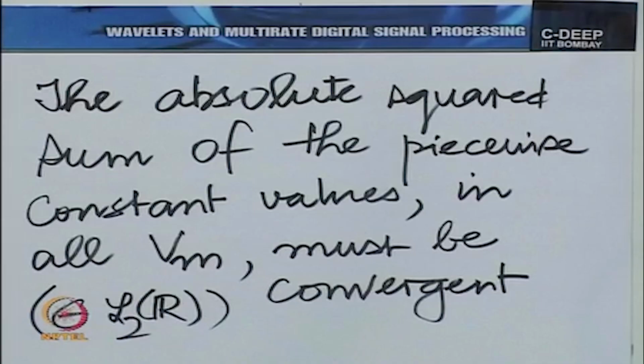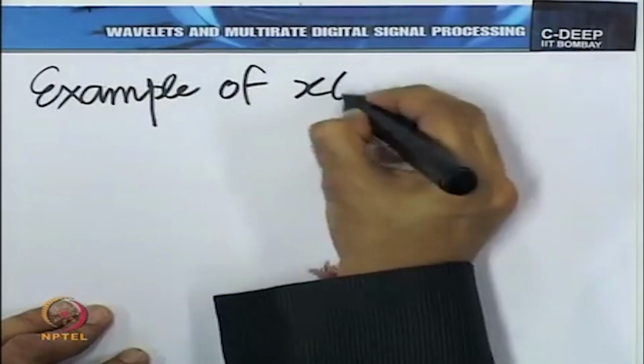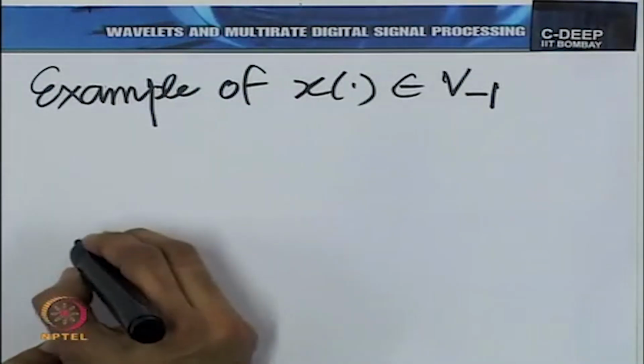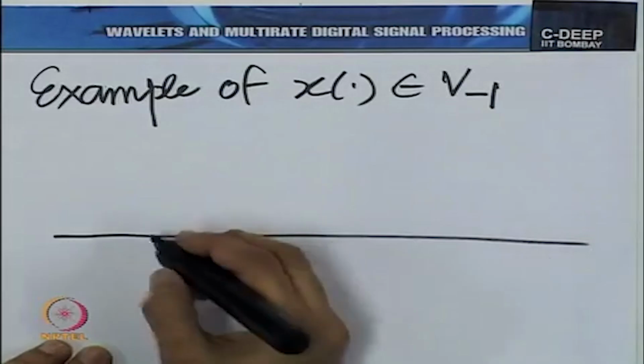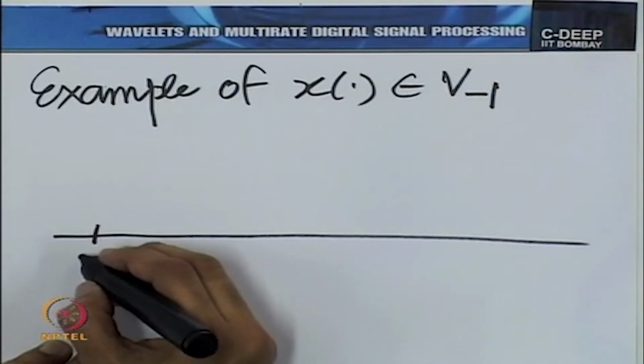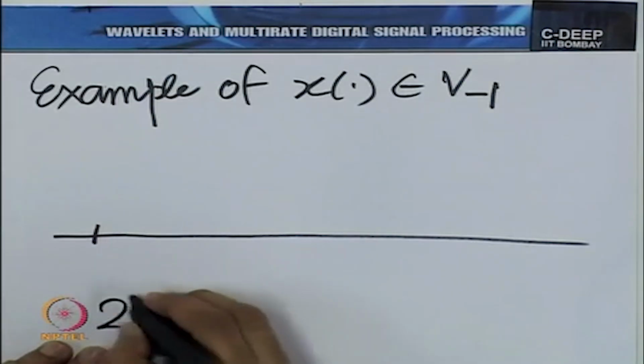Let us also take an example of a function belonging to V minus 1. So, minus 1 means intervals of size 2 raised to the power minus of minus 1.